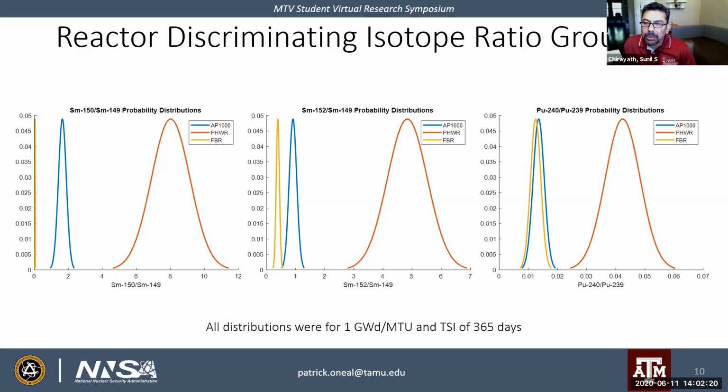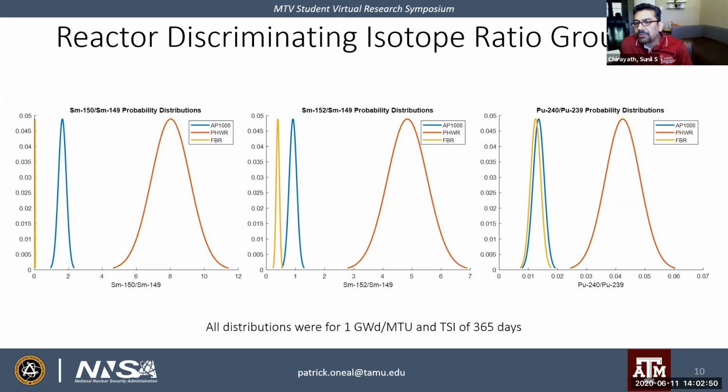Once that is produced, samarium-149 absorbs neutrons and gets converted to samarium-150. In a fast reactor, that is relatively less likely to happen. And compared to the PHWR and the AP1000, one specific assembly that he has picked here, there are spectral differences there too. So that's what is resulting in this type of graph.